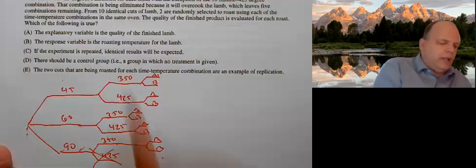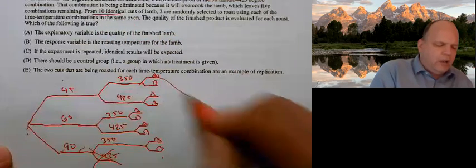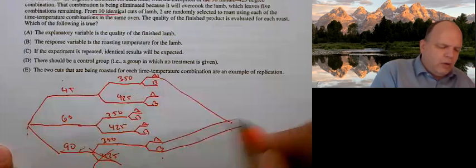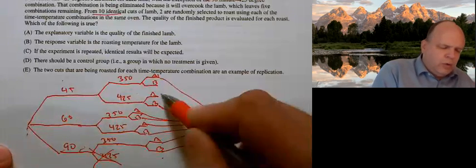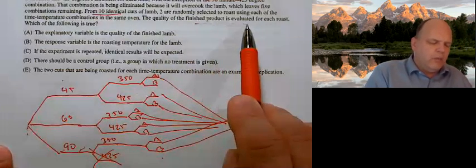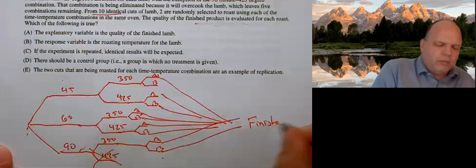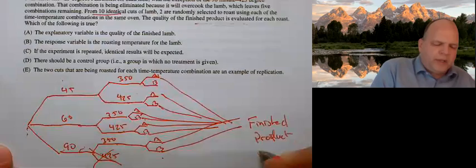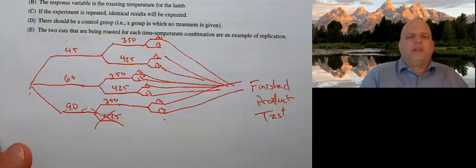That makes sense because they said that we had 10 identical cuts. And at the very end, we're going to evaluate the finished product. I guess that's probably going to be how it tastes.